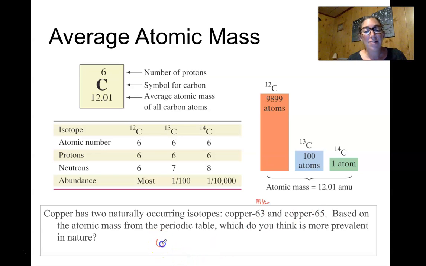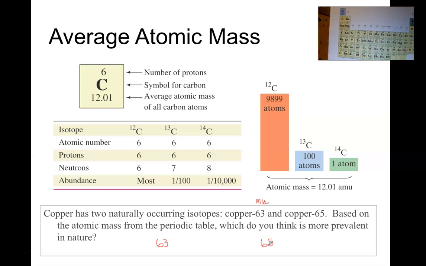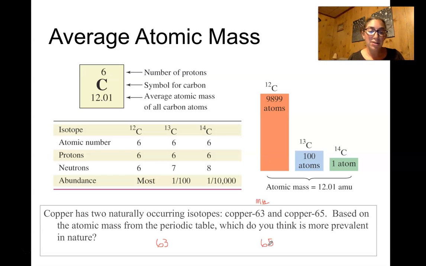So it's saying that there's an isotope that has a mass number of 63 and an isotope that has a mass number of 65. If we look at the periodic table and we find copper, which is Cu, it has an atomic mass of 63.546.